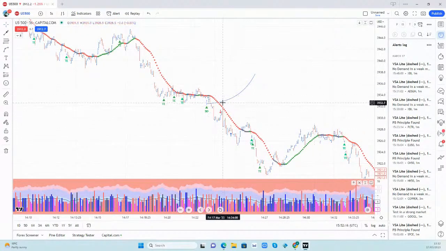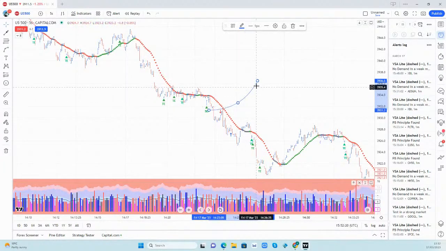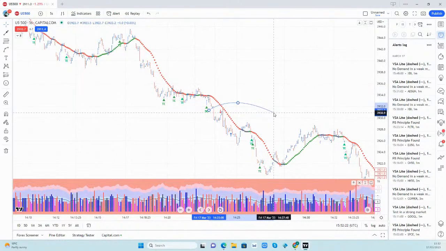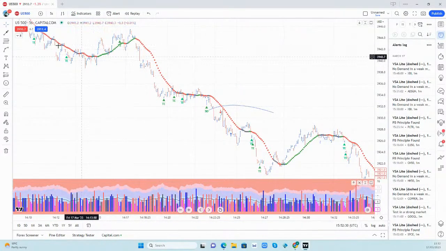But if it goes below this level, then I want to be in this trade. And that's what it did. It went below the shakeout and the test. The trend was generally down. We were below the trigger line. I entered, got filled there, chased the trade, made some more money.